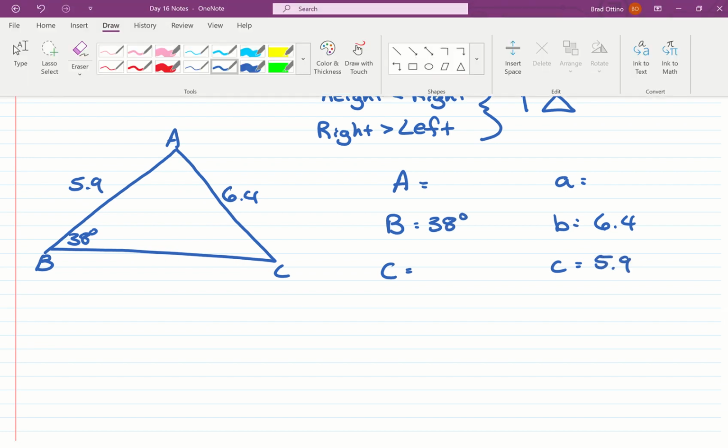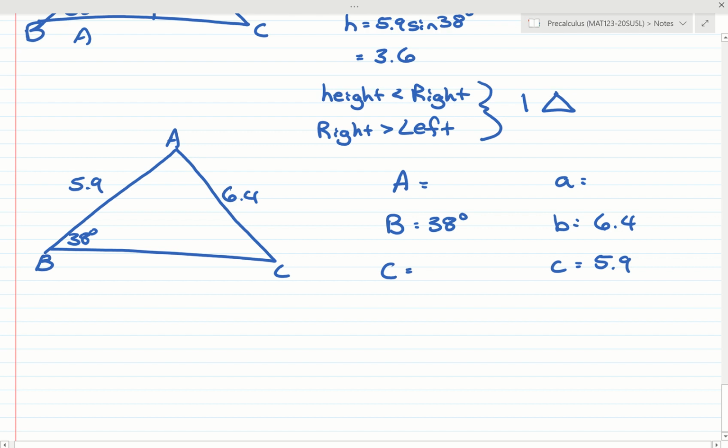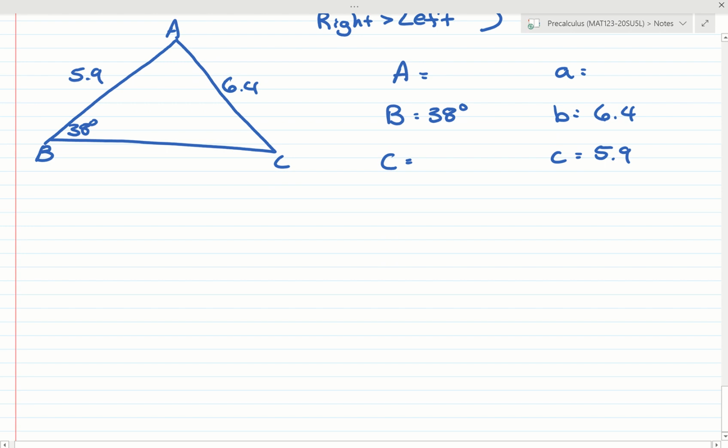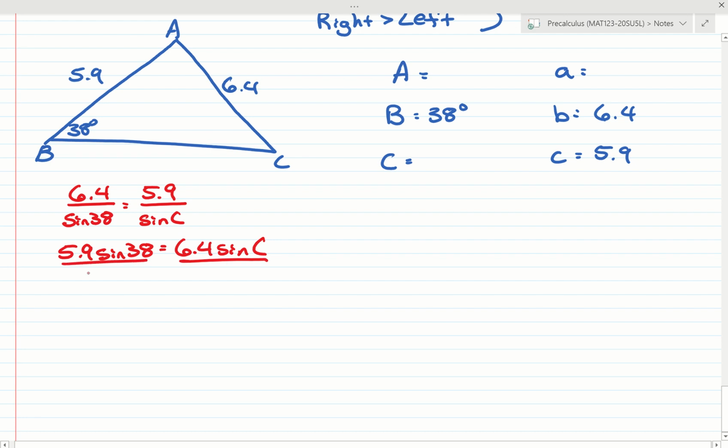So now let's get into our law of sines and see if we could figure out the missing pieces. We do have a full fraction. We know 6.4 over the sine of 38, and that's going to equal 5.9 over the sine of C. If you cross multiply, 5.9 times the sine of 38 and set that equal to 6.4 times the sine of C, we'll divide both sides by 6.4 to get the sine of C by itself.